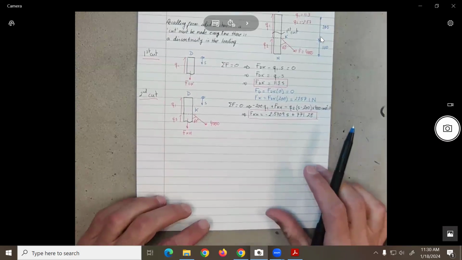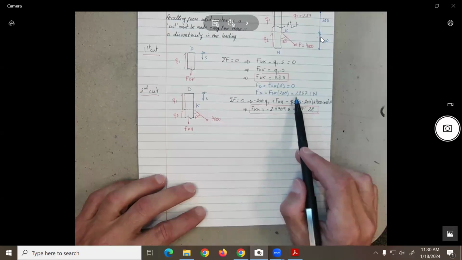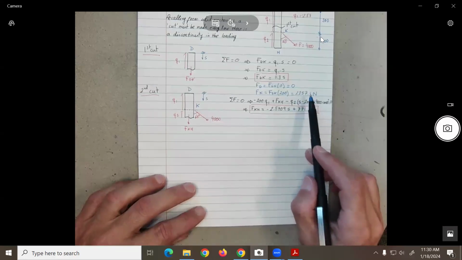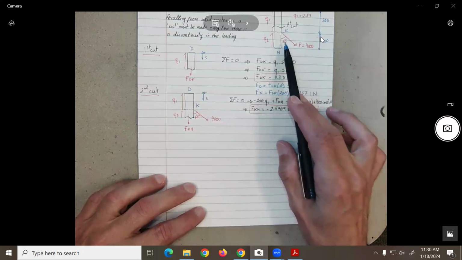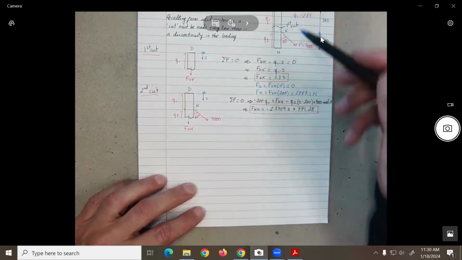Okay, and if we do everything correct, I don't have a calculator here, but I will bet that this 2,257 should be equal really to the 4,000 times cosine 60, no? Because it's the only force that is being put over there.